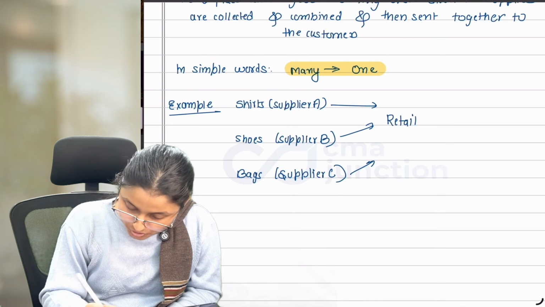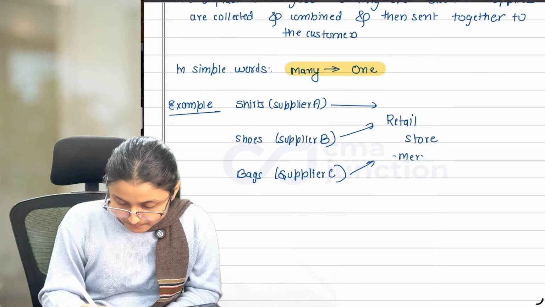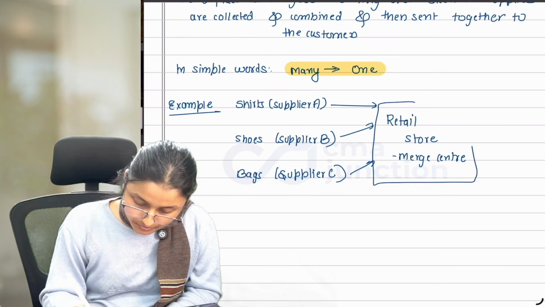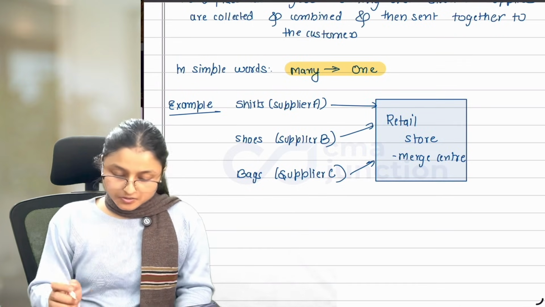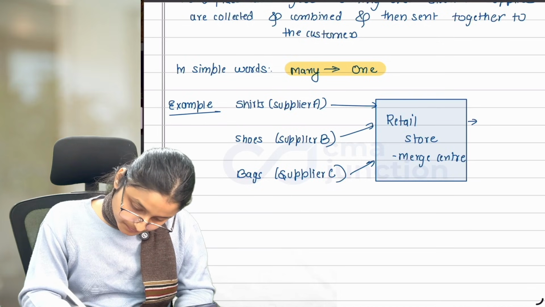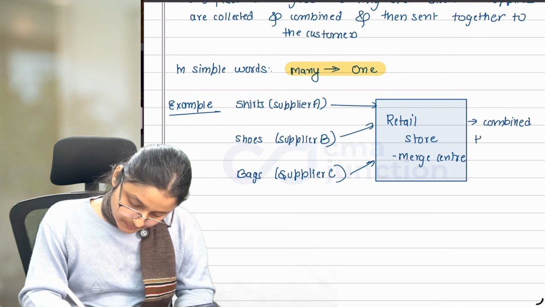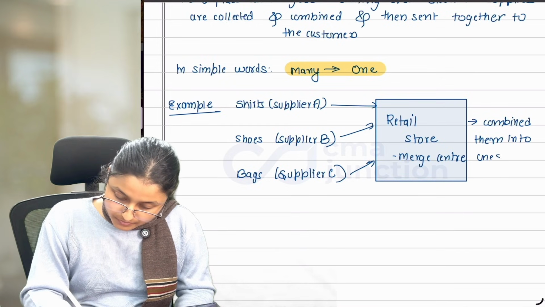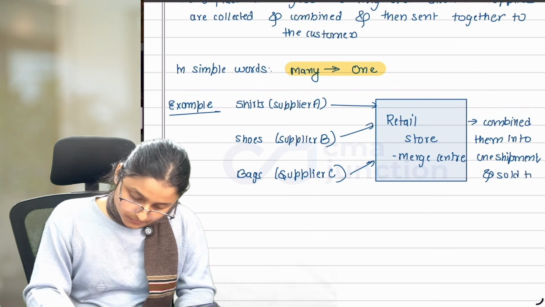Now this retail store is playing the role of merge center. They will merge all of them and provide the consolidated shipment to the customer. Combined them into one shipment and sold to customer.